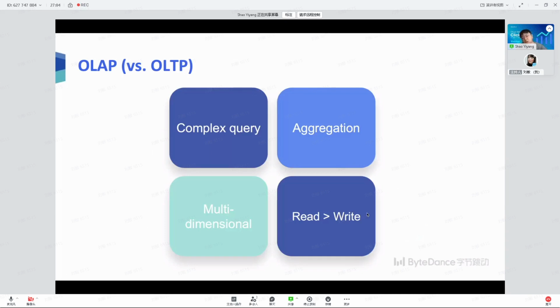It also involves computation like aggregation over a certain dimension and then group by a certain dimension. And it's multi-dimensional. The requirement for reads is actually more intense than for writes. So for an OLAP system, you will need less frequent updates, but you will focus more on your select query. You want the select query to be fast and processed in real time.